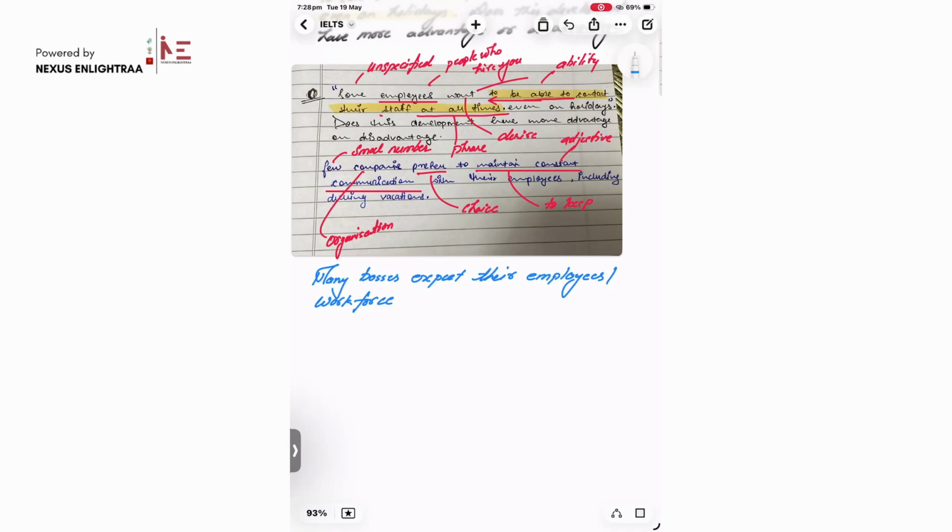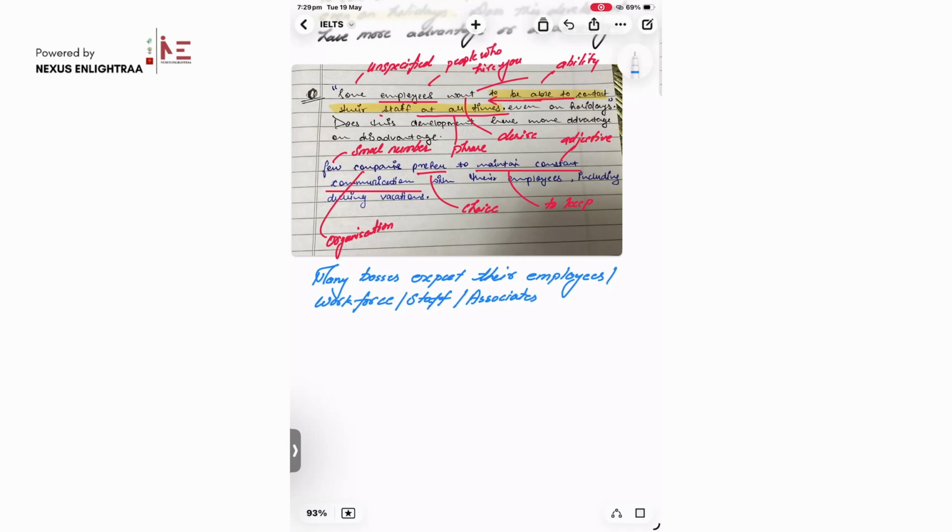Expected employees, workforce. Can I say staff? I can say associates as well, right? Associates.